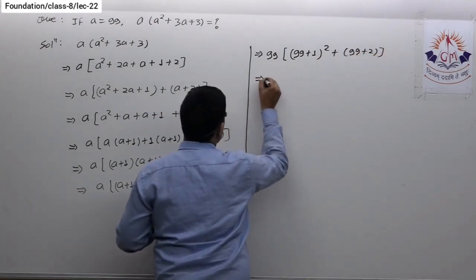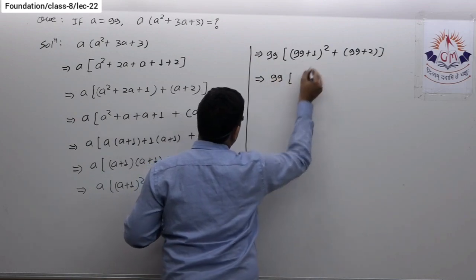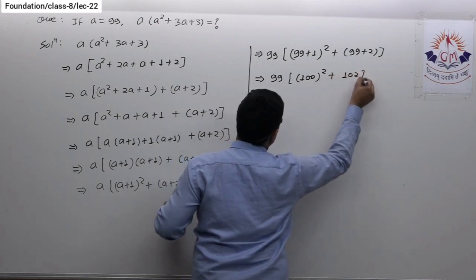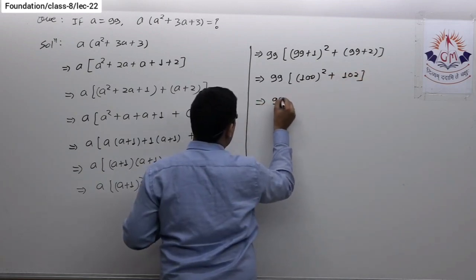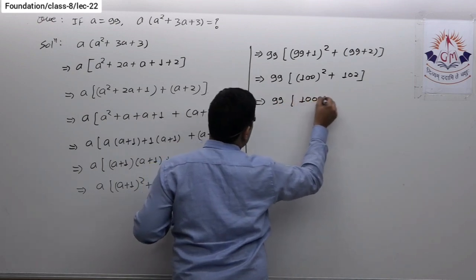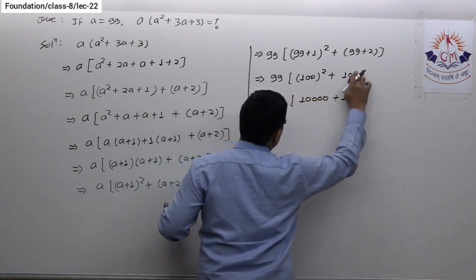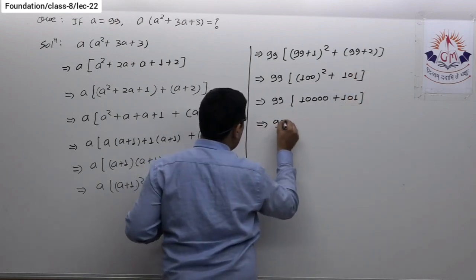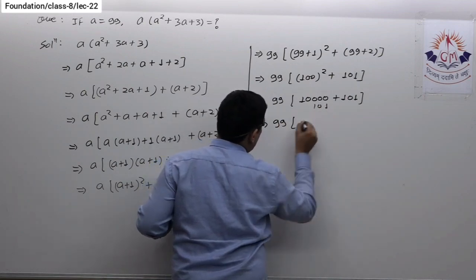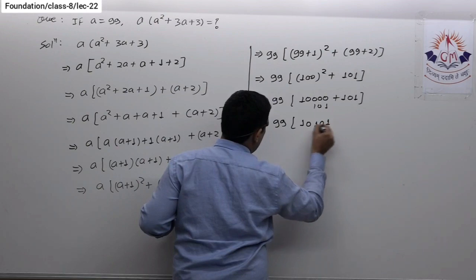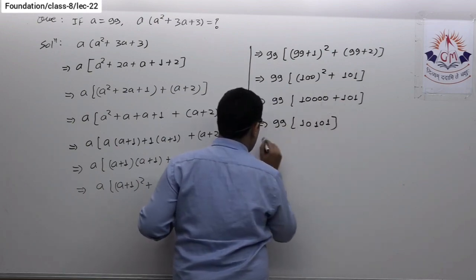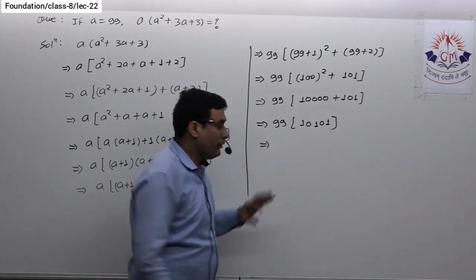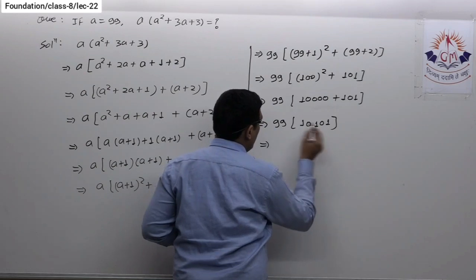So this gives you 100 square, that is 10,000, and over here this is 101, not 102, actually. When you add these two, you get 10,101. And it is easy to multiply with 99. Even if you don't know the table of 99, you can do it with this, because you only have to write it once or zero.